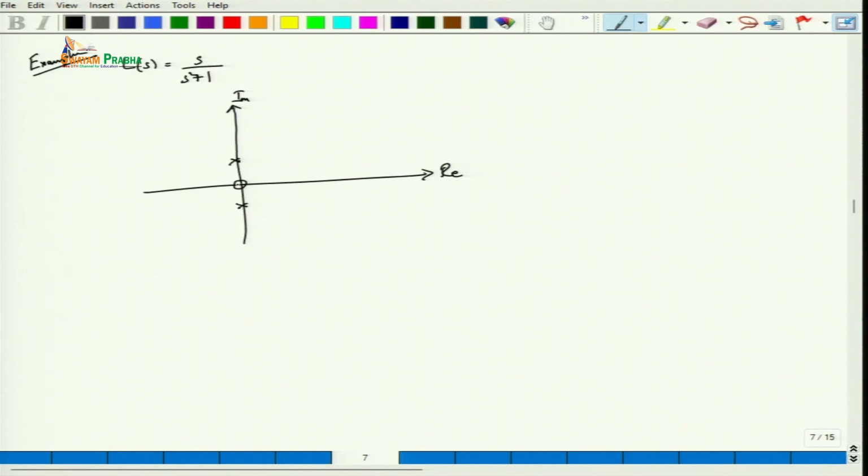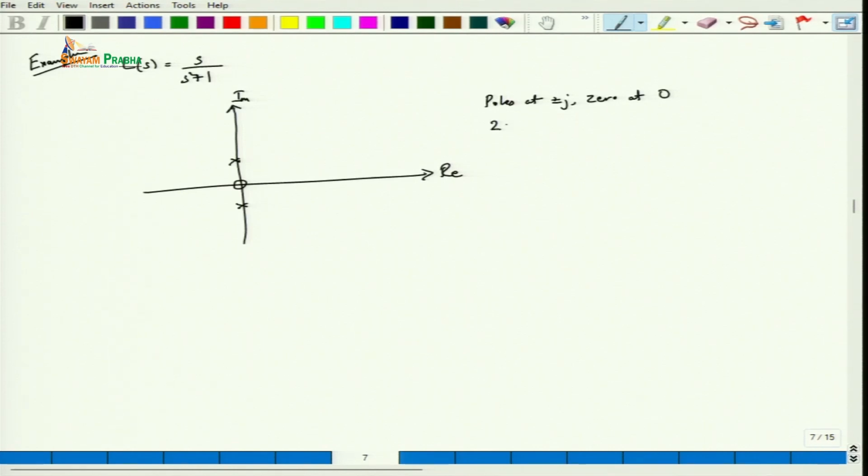So this zero is at s is equal to 0 and these poles are s is equal to plus or minus j. So poles at plus or minus j, zero at s is equal to 0.